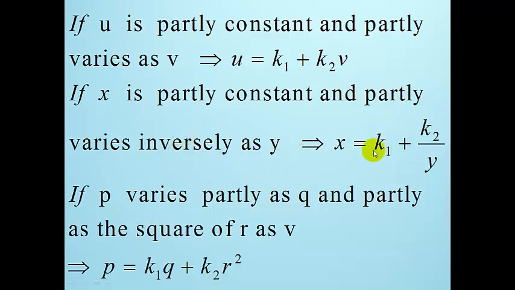Because it's inversely, it is plus K2 over Y. So X will be equal to K1 plus K2 over Y. Now, if P varies partly as Q, that means that P is equal to K1Q, and partly as the square of R, then we have plus K2R squared.